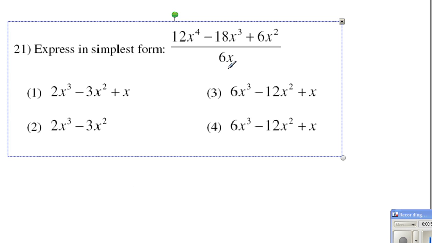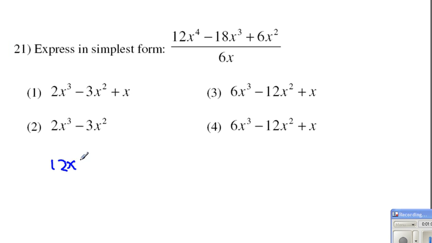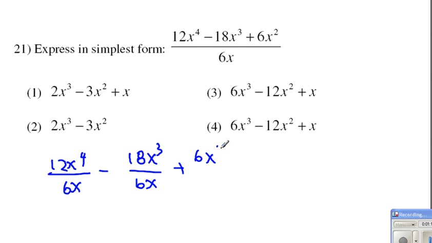Alright, here, similarly to before, we can make 3 fractions. That's one way. And right after that, we're going to try to do this one in another way, and then we'll see what happens. Here we have 12 x to the 4th over 6x minus 18x to the 3rd over 6x plus 6x squared over 6x.